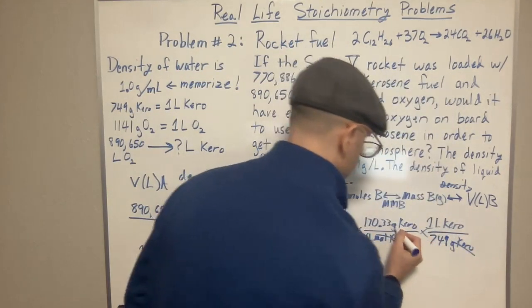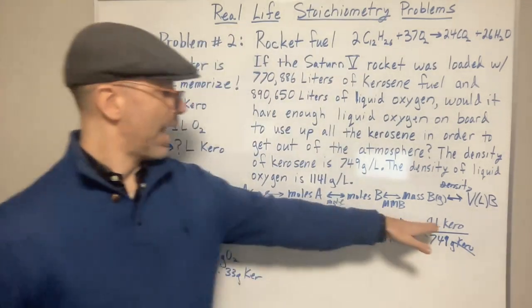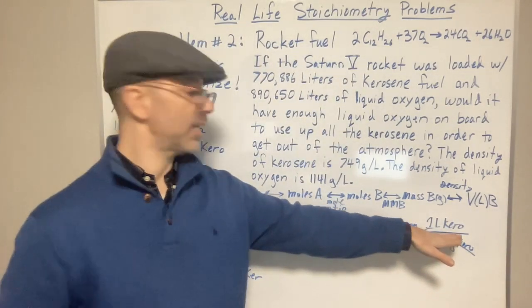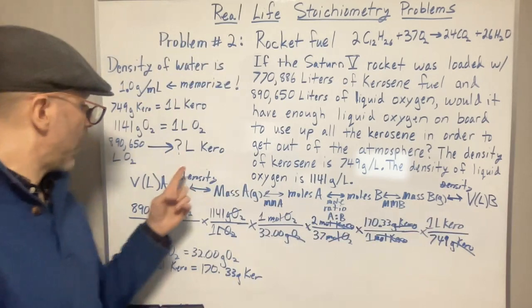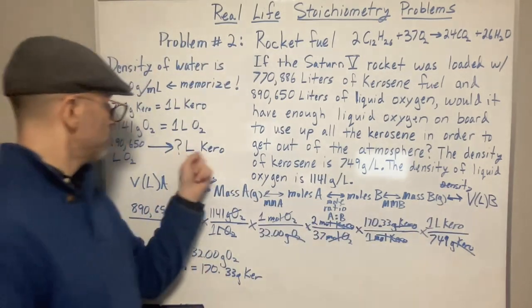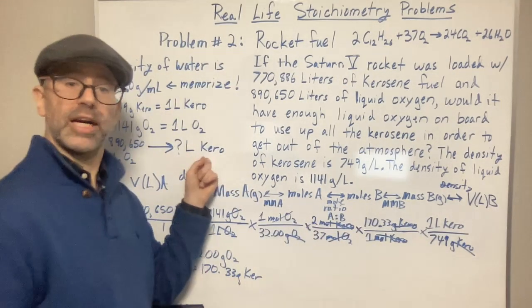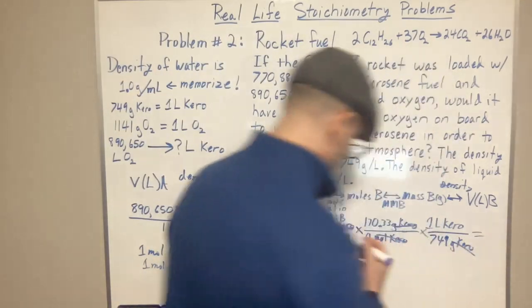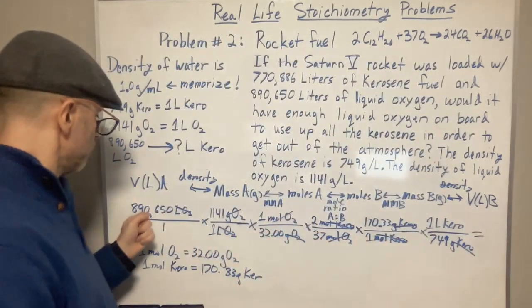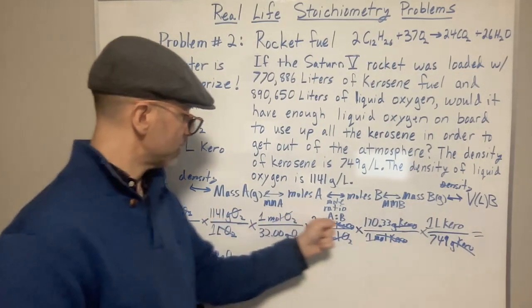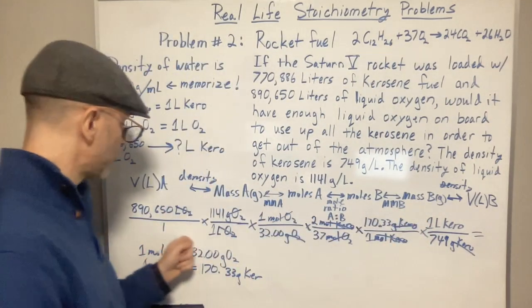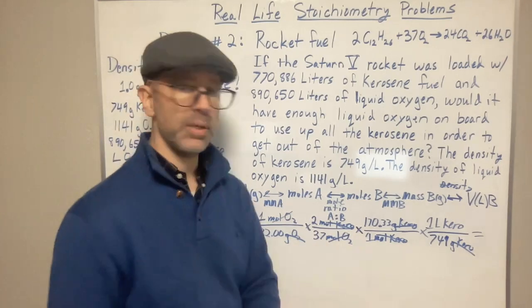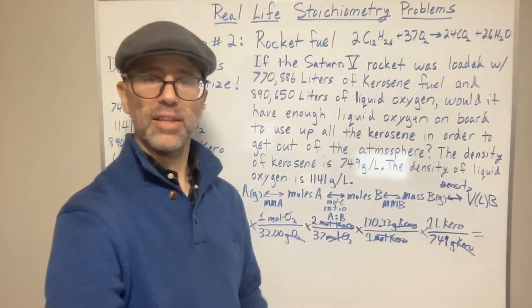So grams of kerosene cancels out. Now I have liters of kerosene on the top. That was the original unit I wanted, so I'm done. Now all I need to do is multiply across the top and divide by everything on the bottom, and I'll get the answer.